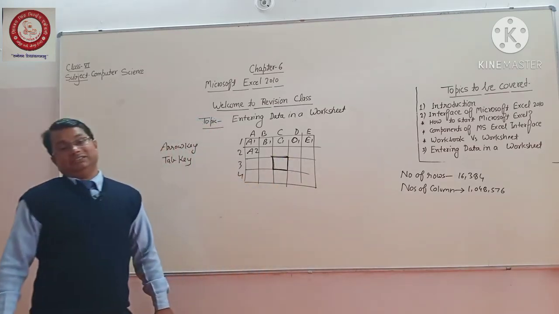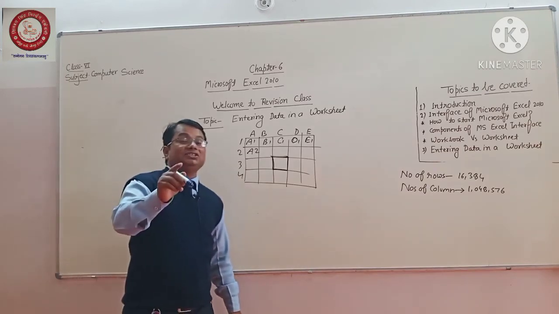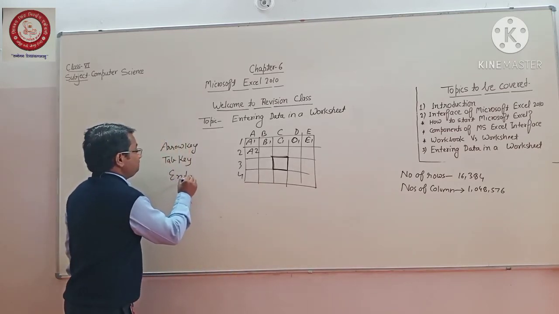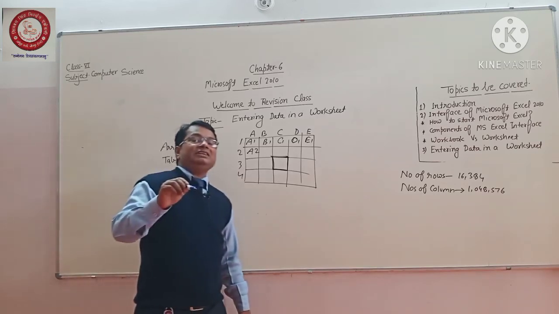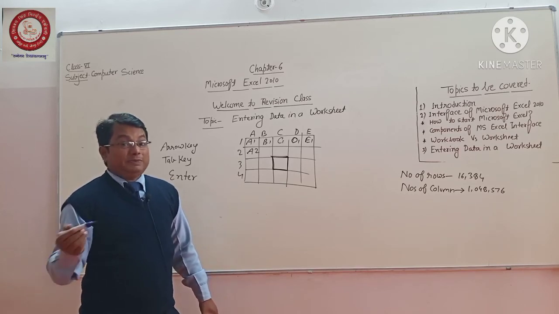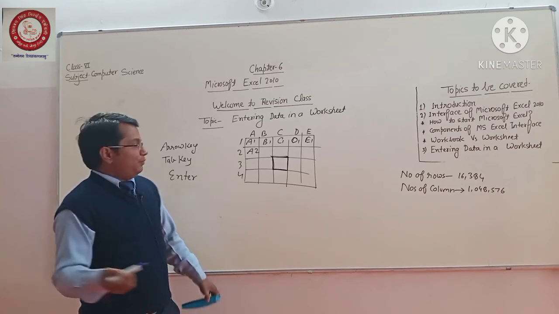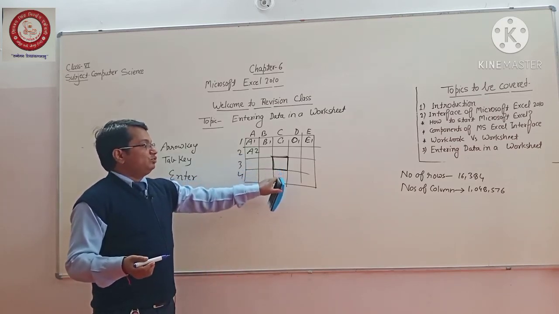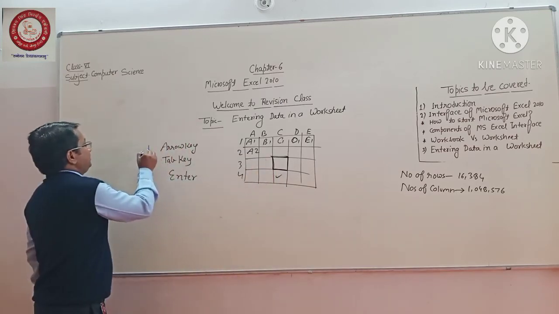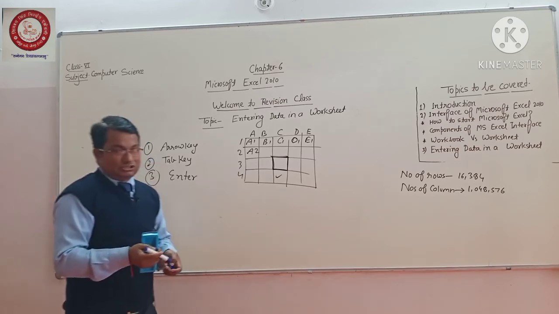Once the data is entered, don't forget to press the Enter key, because once you press Enter, you will immediately go to the next cell, which may be at the bottom. So these are the keys you can use while navigating in the Excel sheet.